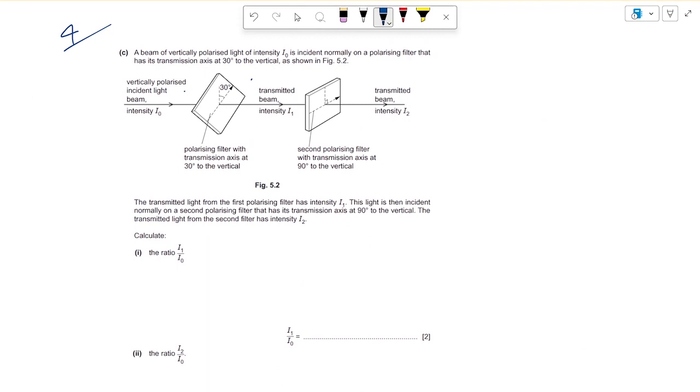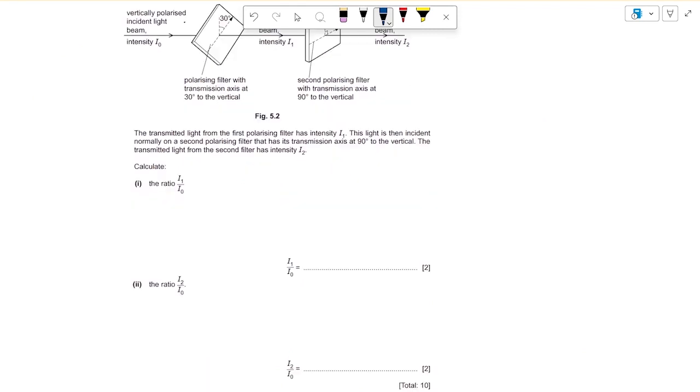Okay, so number 4, we have the same polarizing diagram. Find the ratio of I1 over I naught. So I1 over I naught is cos squared theta.